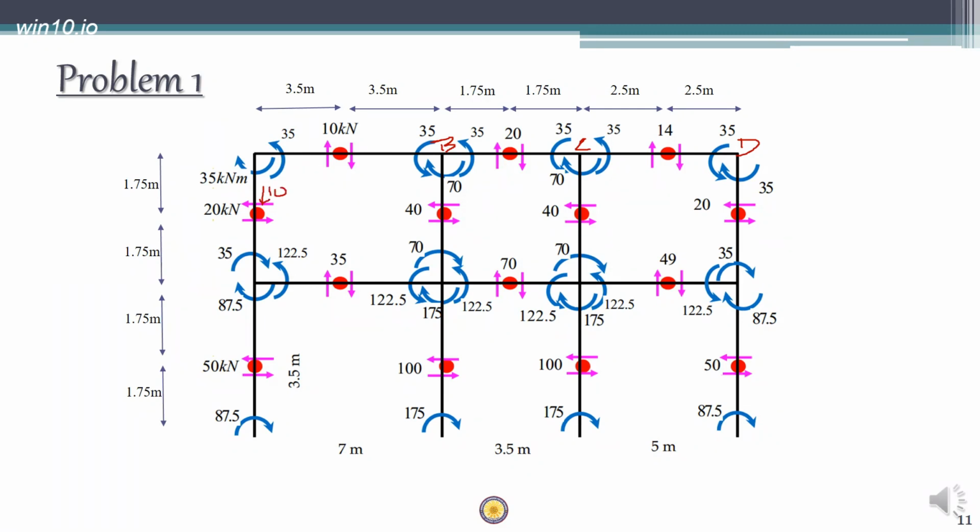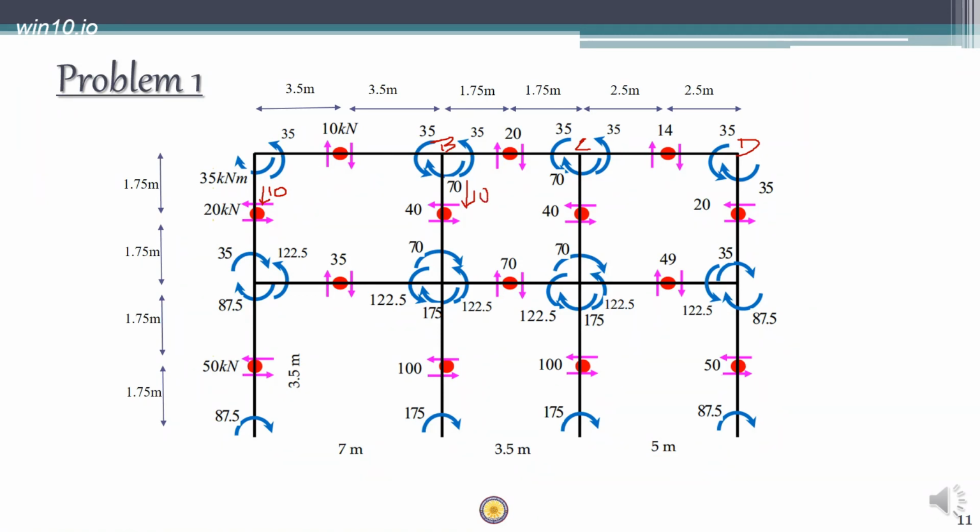Here, if you consider the joint B, 1, 2, 3 hinges are here. So there is a net downward force of 10 and net upward force of 20, which means that there is a net upward force of 20, which means that axial force is going to be again downward, and its value is going to be 10.